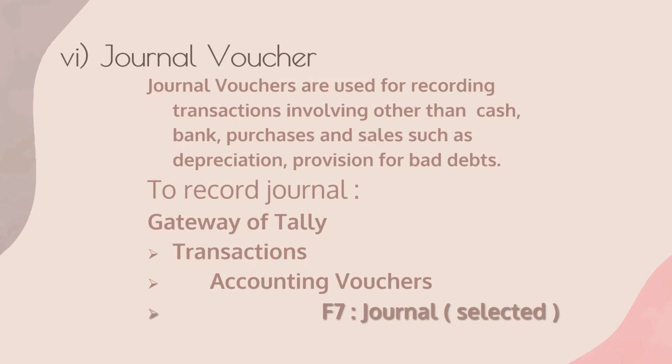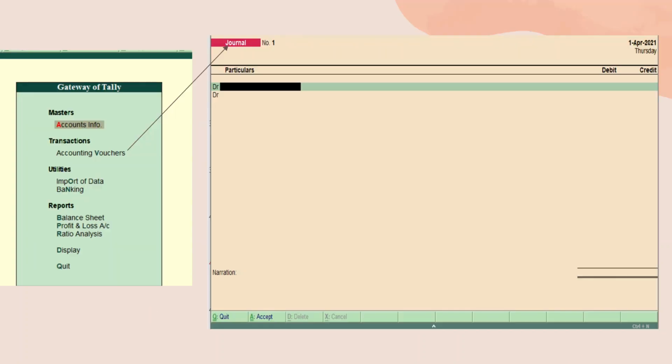So how to open this? Gateway of Tally, and again you select Transactions, Accounting Vouchers, and then on the vertical toolbar you have to click F7, then the journal page will open. Then you have to type the transactions there.